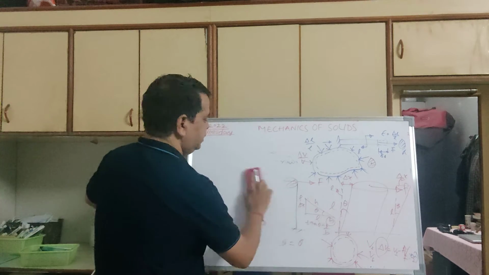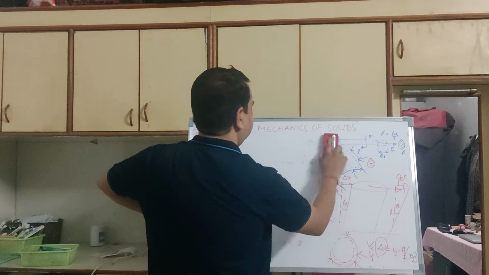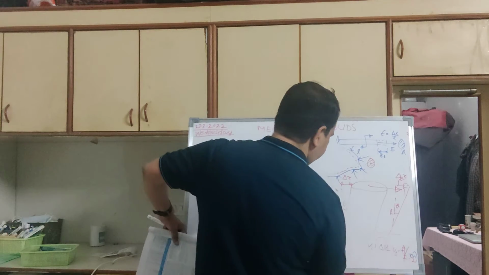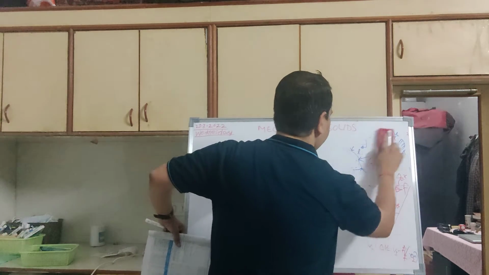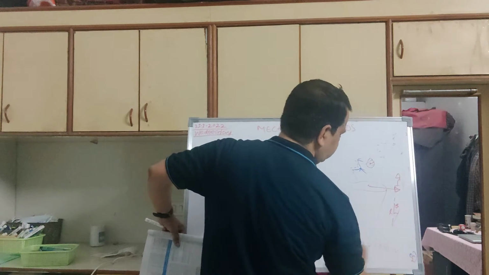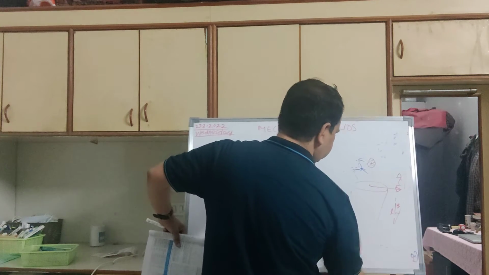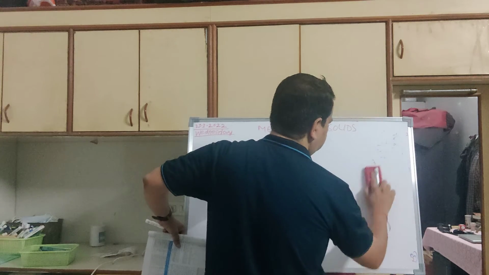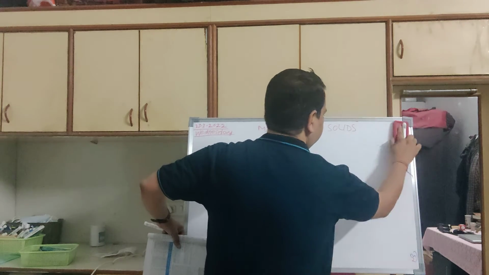Here I'll just introduce what Young's modulus is, so that there can be n number of numericals related to Young's modulus. Young is the name of a scientist. He found that Young's modulus is a property of a material.